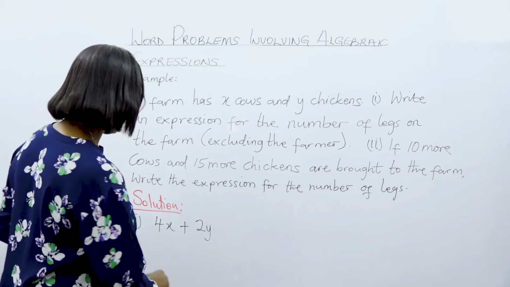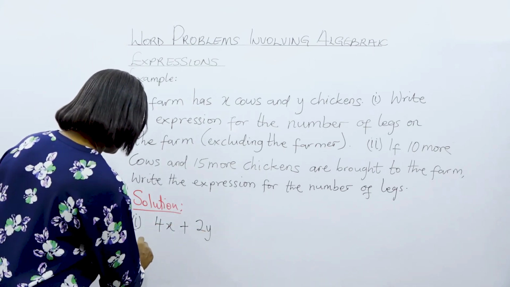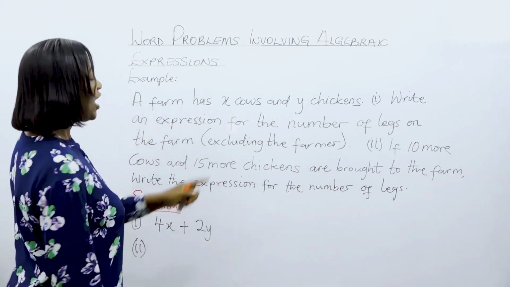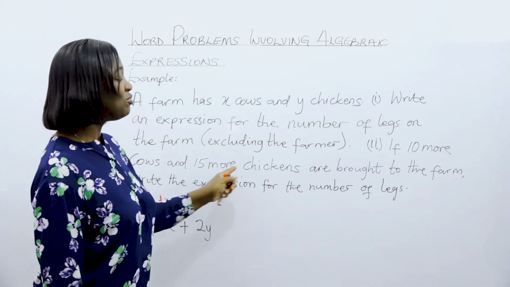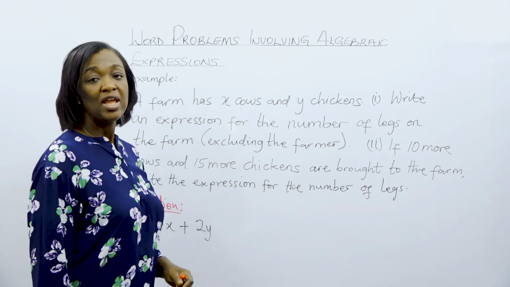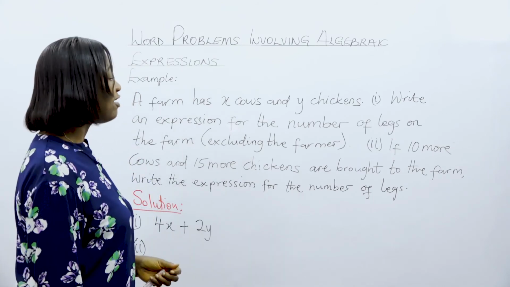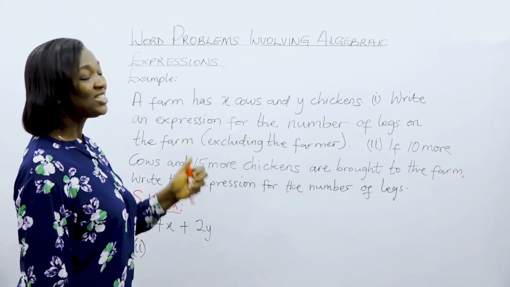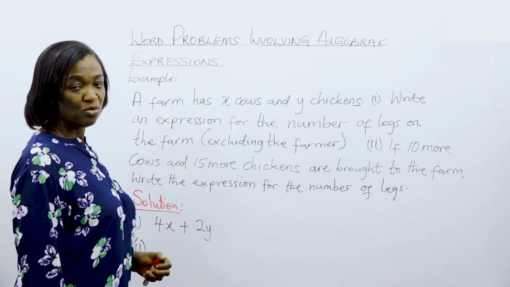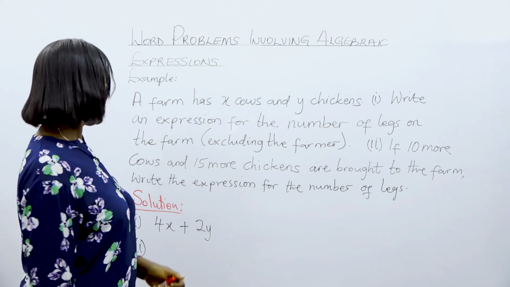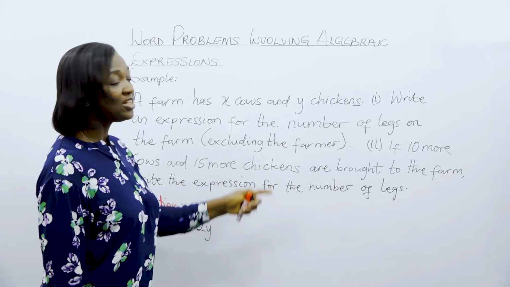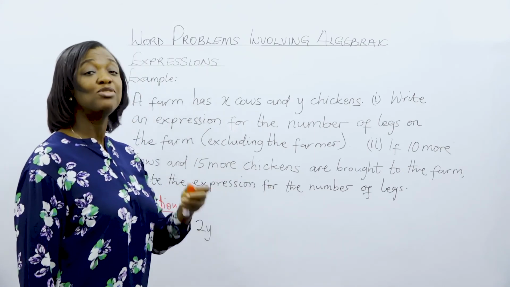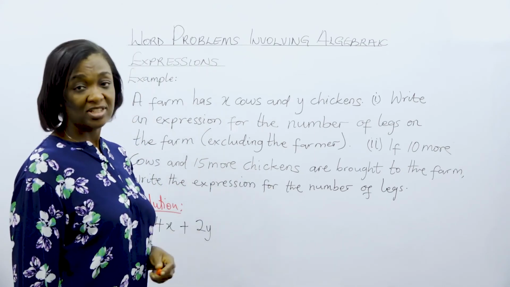And then secondly, if 10 more cows and 15 more chickens are brought to the farm, the 10 new cows have 4 times 10 legs, which will give us 40. And the 15 new chickens have 15 times 2 legs, which will give us 30.